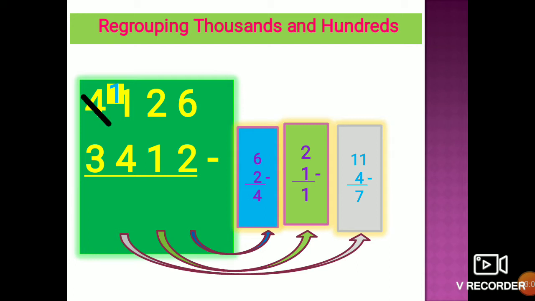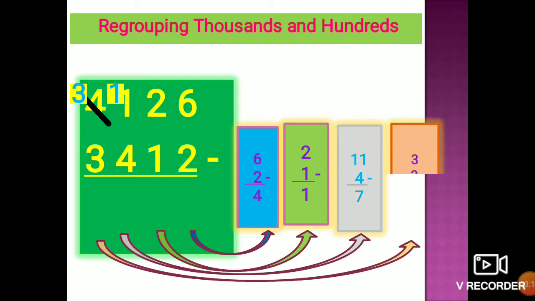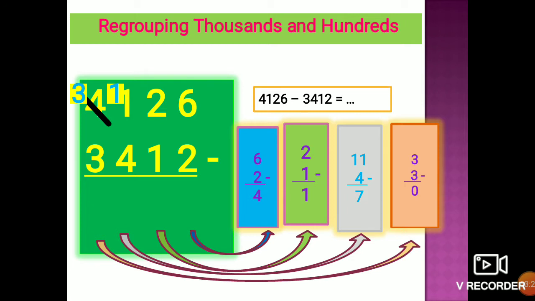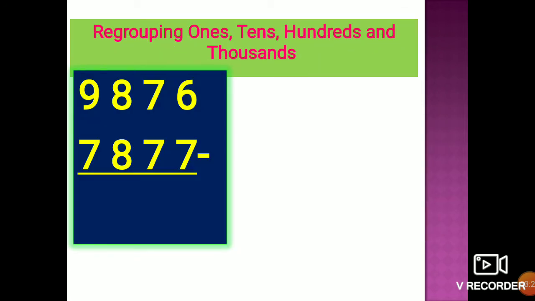And then remember, the 4 already changed into 3. Now 3 minus 3 equals 0. So what is the result? Yes, 714. Awesome, you guys.